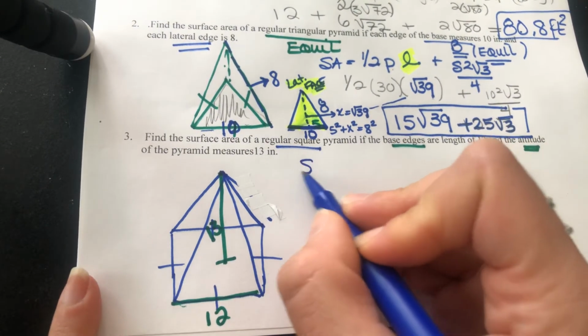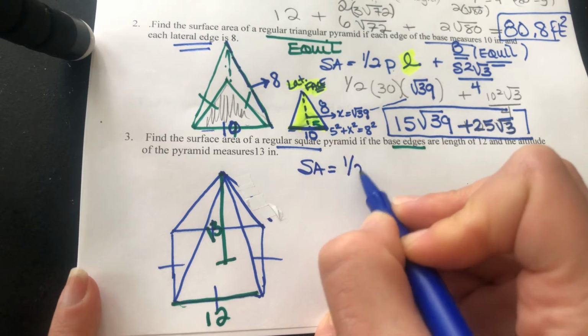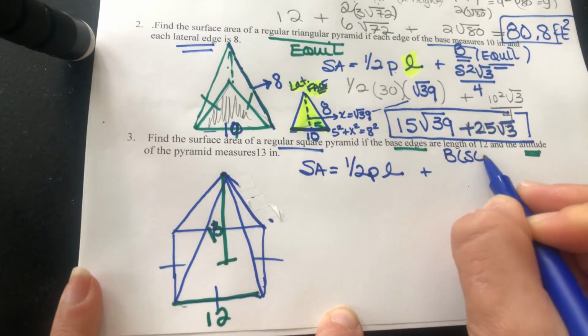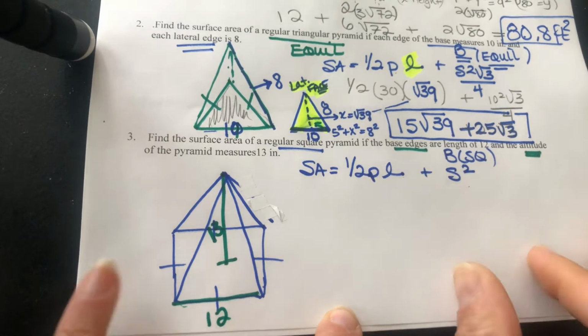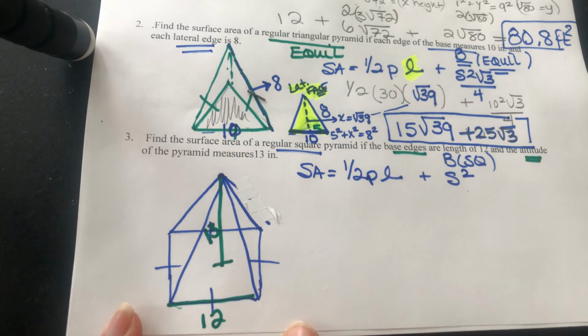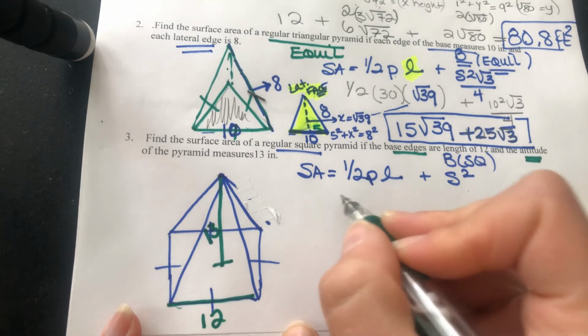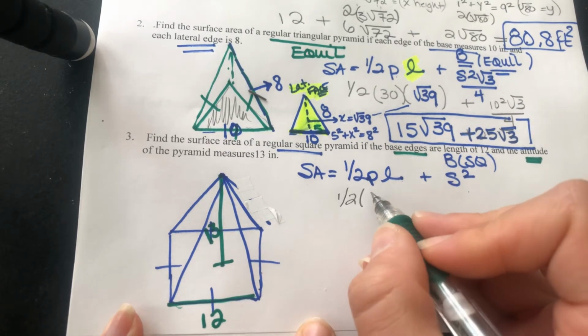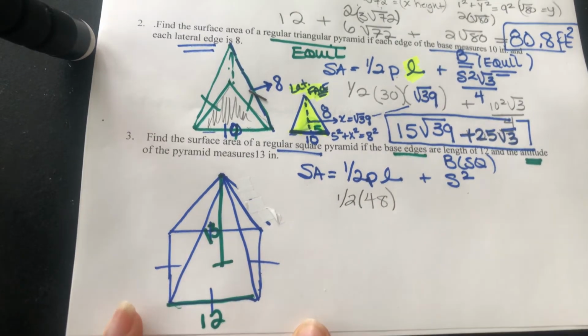Since it's regular, I can use my formula, 1/2 PL plus, my base is a square, so let's just do S squared. Let's put our numbers in first. I told you to do that just to get it out of the way. So we got 1/2. Perimeter is super easy, 12 times 4, so we got our 48. Here we go again.